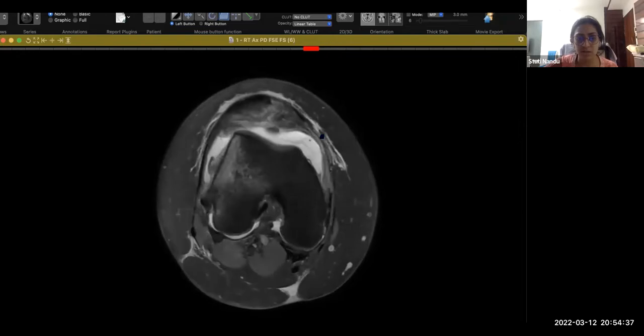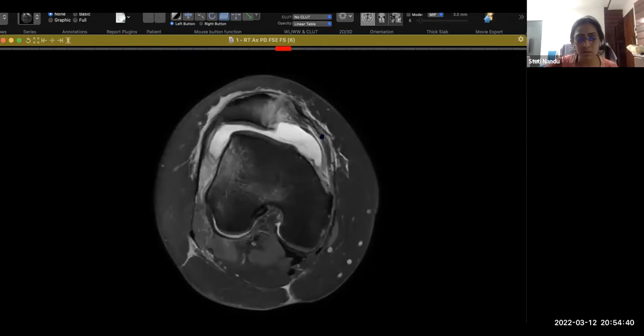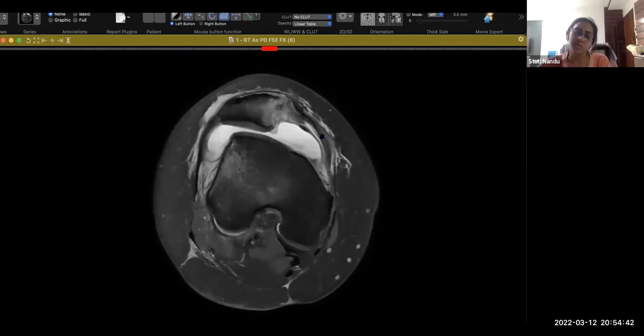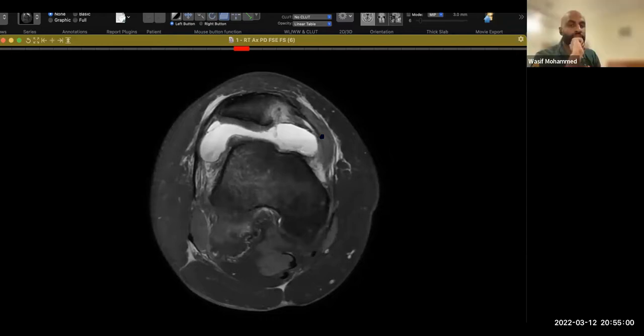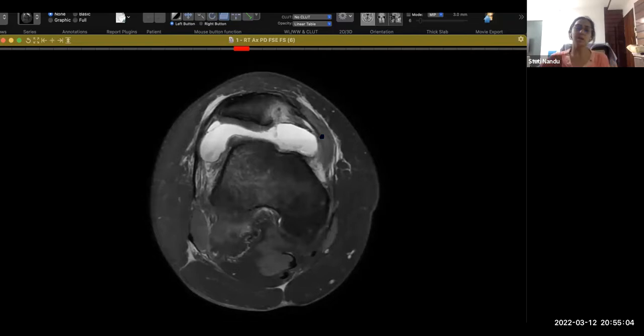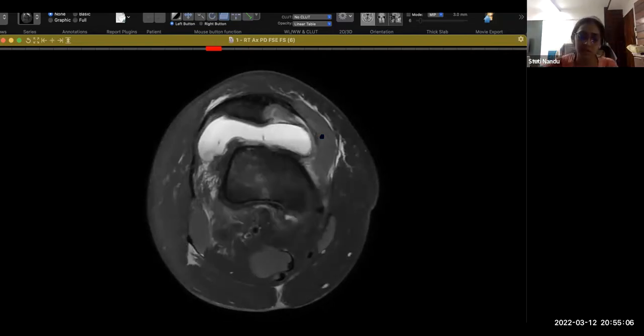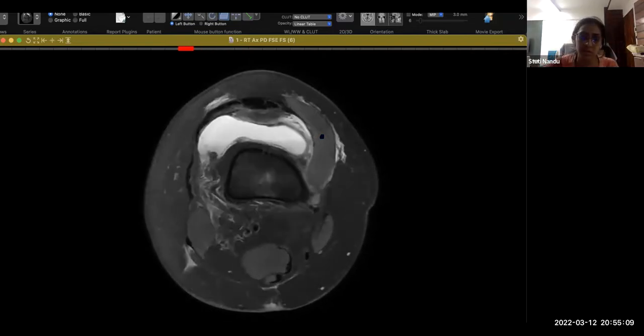I can see that there is altered bone signal seen on these T2-weighted STIR images involving the medial aspect of the patella and the lateral aspect of the tibial condyle, suggesting that this is a case of relocated patellar dislocation, and there is joint effusion also seen at the site.